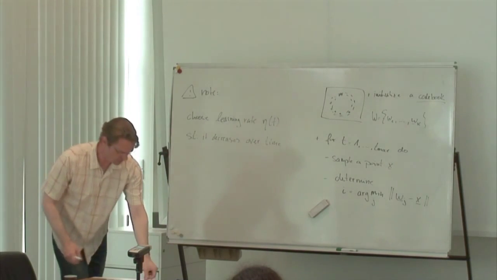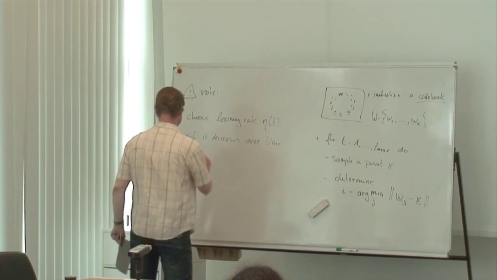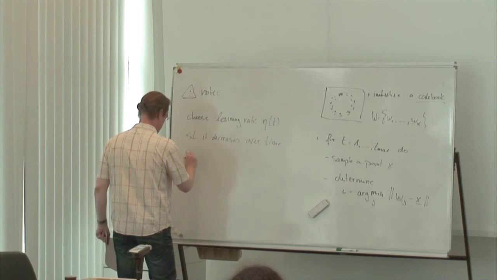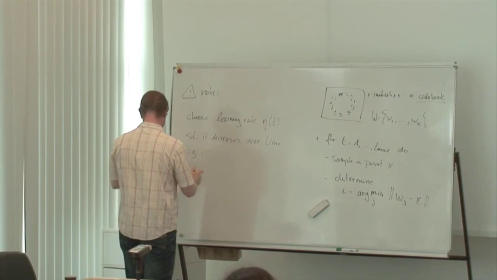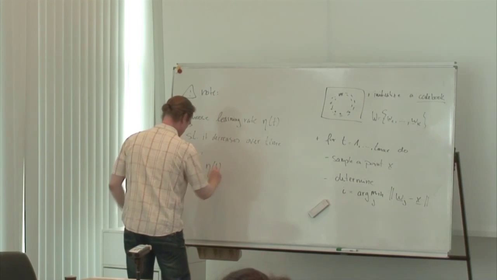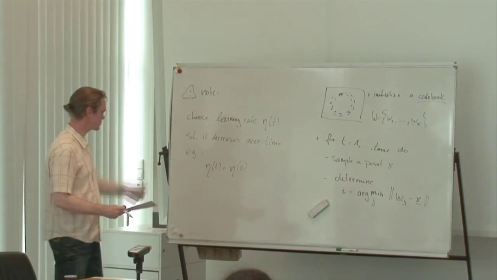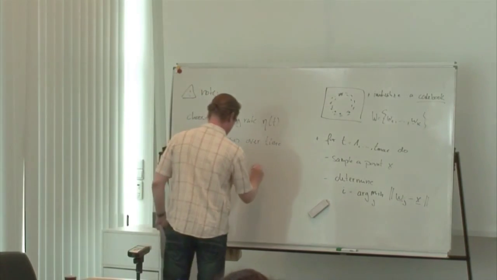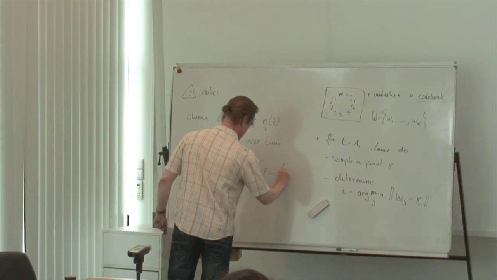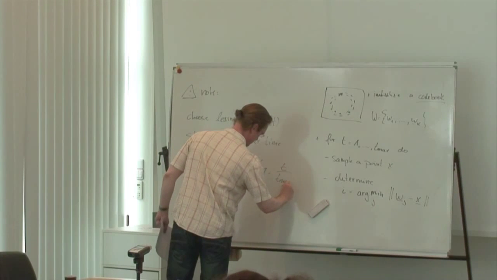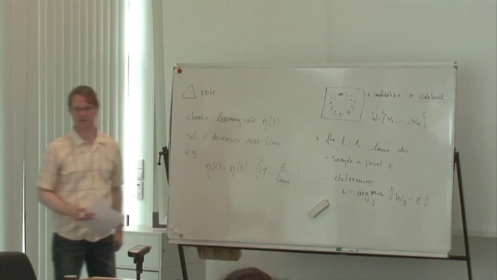So, eta should decrease over time. For instance, we could say that this eta of t is given by some initial value, eta at 0, times 1 minus t over t max. So this one will decrease with time.